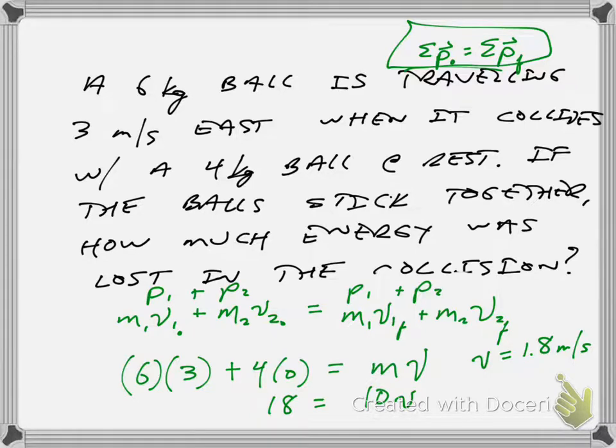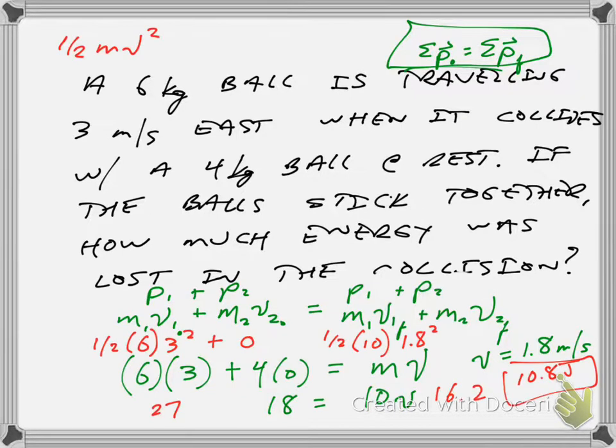Now that I know how fast they're going, now I can turn my attention to the energy to find out how much energy was lost in the collision. So I use my kinetic energy equation, 1/2 mv squared, and I plug in the values. I know that before the collision, the 6 kilogram ball had 27 joules of kinetic energy because of 1/2 mv squared. The 4 kilogram ball did not have any because it was at rest.